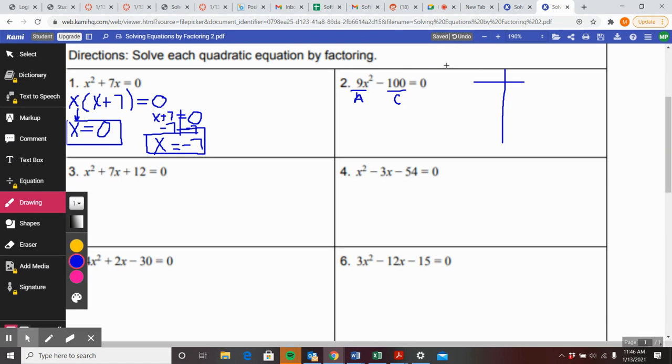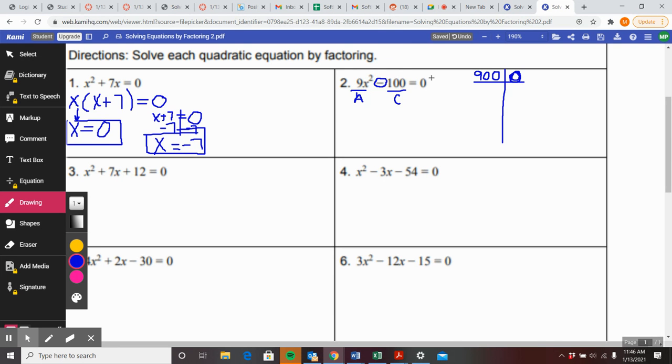So 9 times 100 is 900, right? And then we want to find the factors of 900 that give us 0. Because there is no b, right? B is 0. You agree with me on that?